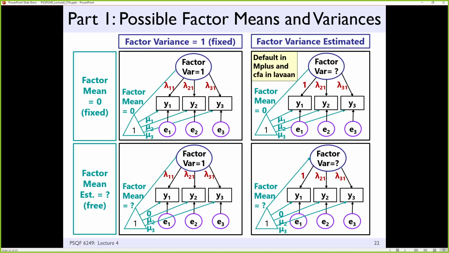That's choice number 1. The alternative and the default in every SEM package that I know of is to instead fix an unstandardized factor loading for one of the items to 1 and estimate the factor variance. What will happen then is that the number the factor variance becomes is the amount of item 1 that is thought to be true score that's driven by its loading.